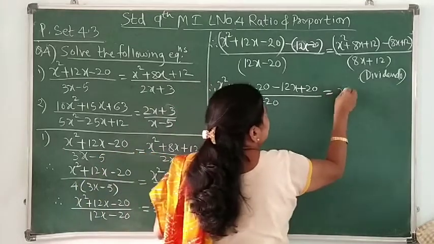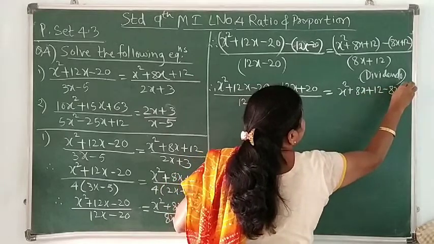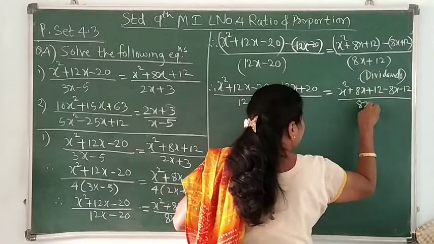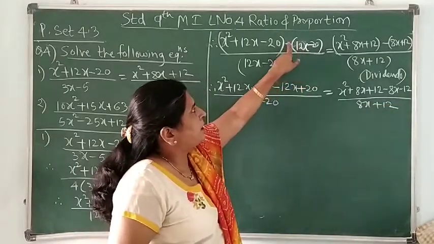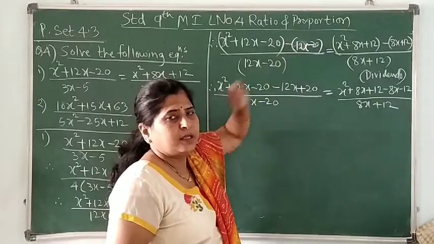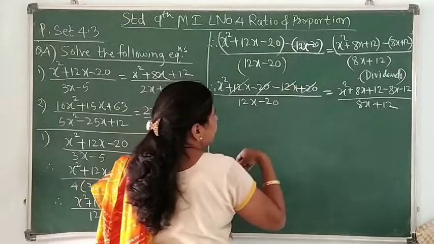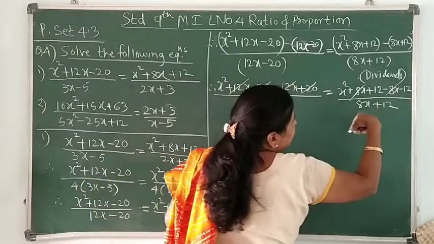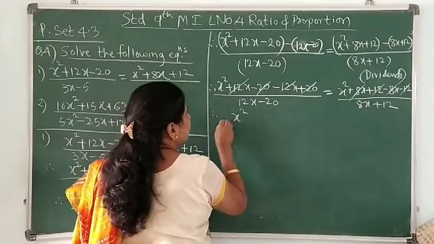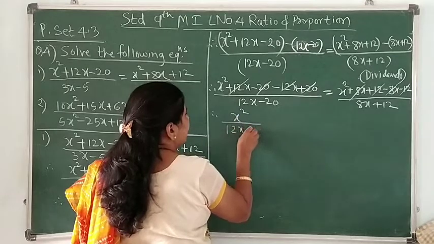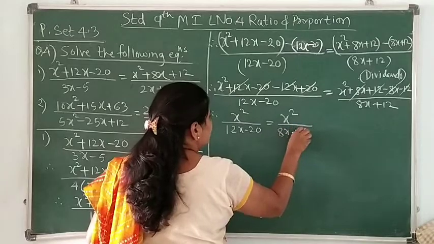On the right side it is x square plus 8x plus 12 minus 8x minus 12 upon 8x plus 12. We have changed the signs of the terms in the second bracket because there is a subtraction sign. Now see, plus 12x will get cancelled with minus 12x, minus 20 plus 20 cancels, and on the right plus 8x minus 8x, plus 12 minus 12 becomes 0. We get x squared upon 12x minus 20 is equal to x squared upon 8x plus 12.